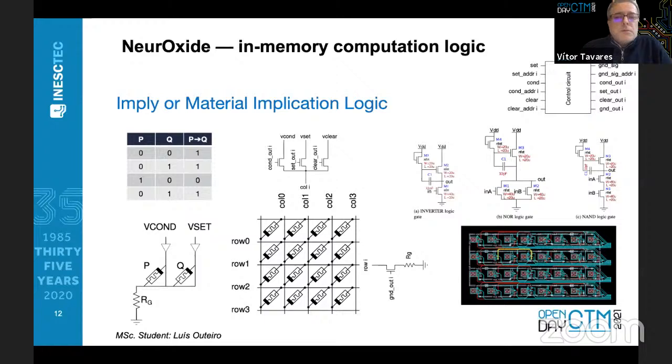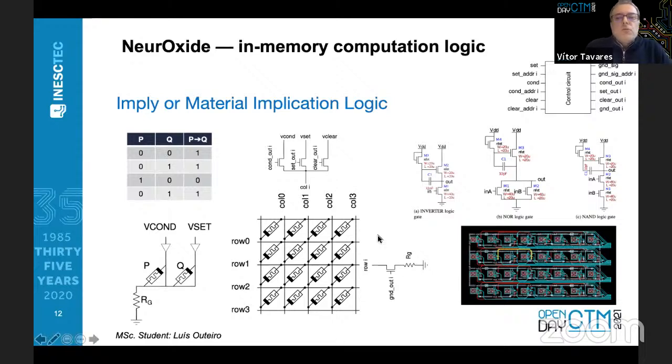So we can use pairs of memories to build any logic that we want, and we can have a matrix to build a complex logic circuit, right? And this is really a good concept level demonstration of in-memory computation logic, in the sense that we can program the logic using the individual memories, and the result of the logic is stored on the very same devices. So it's actually a good show of these abilities.